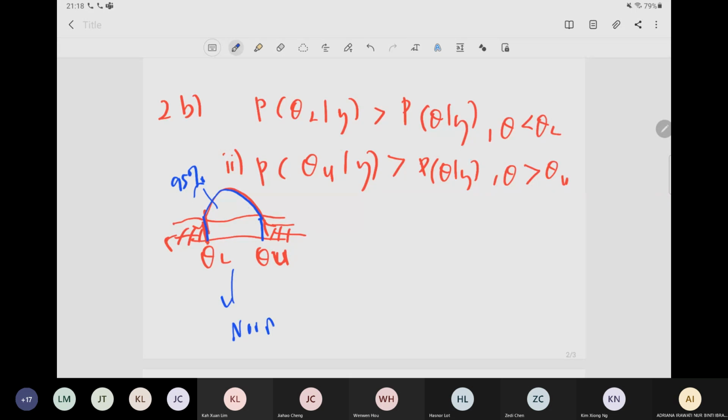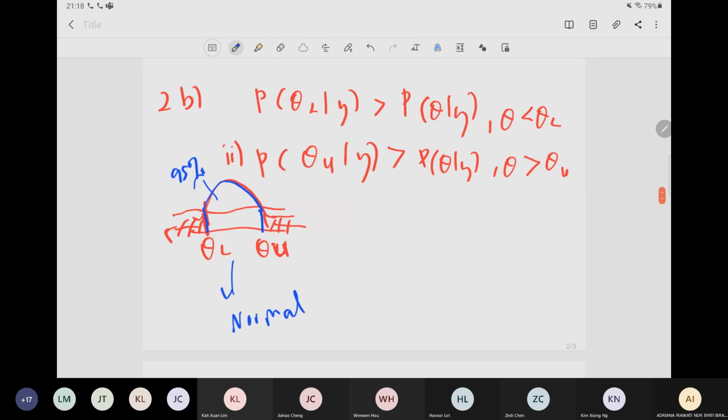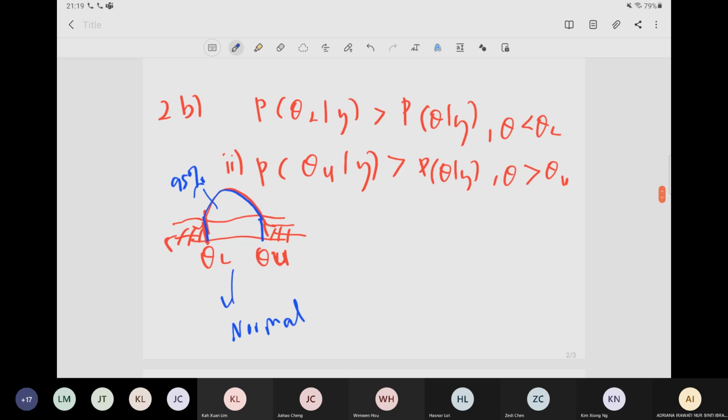This method depends on the symmetric nature. Suppose that we have a unimodal distribution, for example the beta distribution. We cannot use this argument, right? No, beta is not symmetric, so you cannot use this argument.